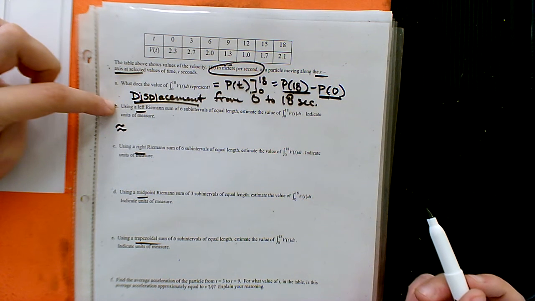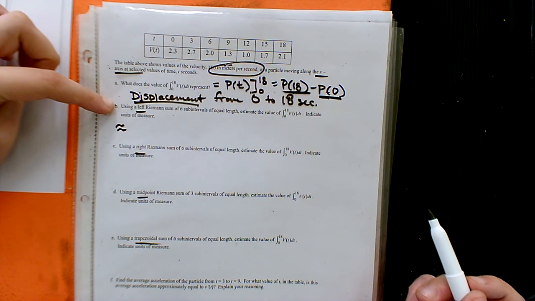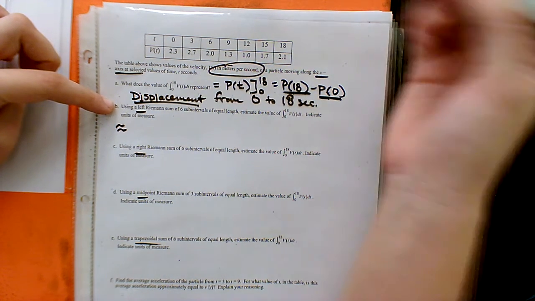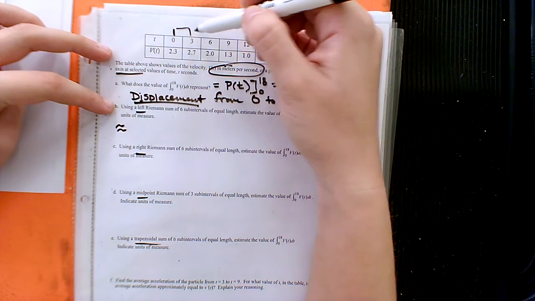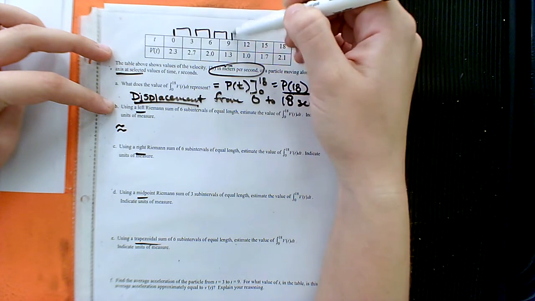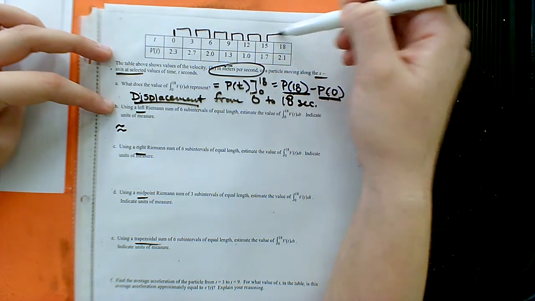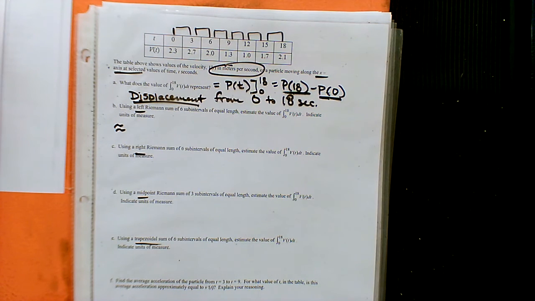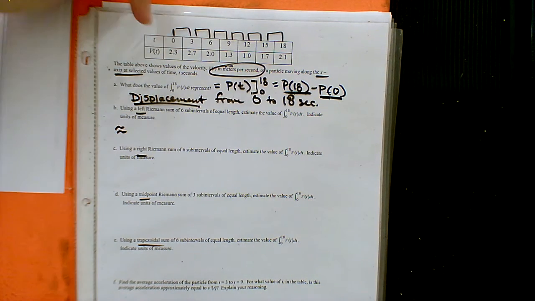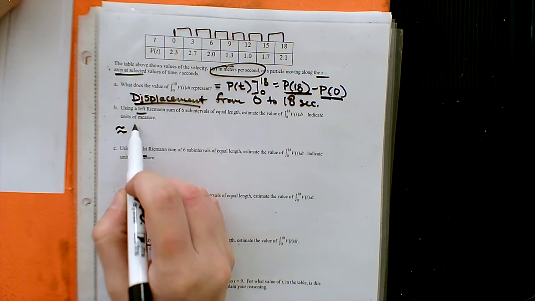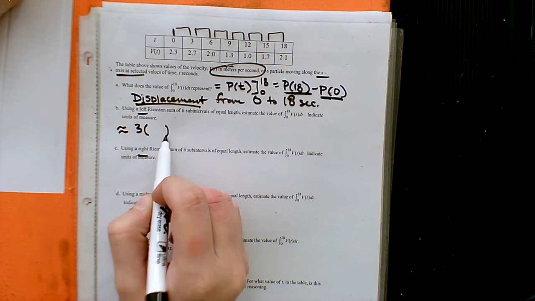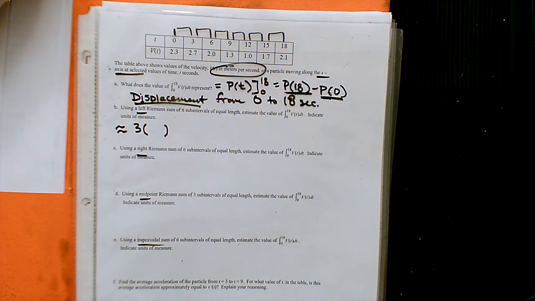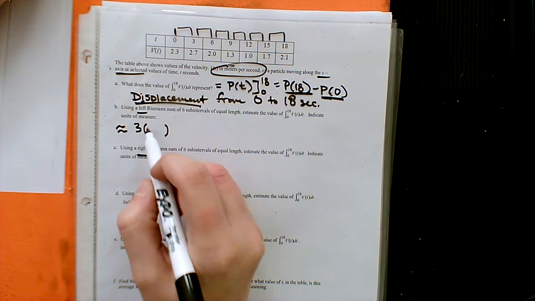For part B, we want a left Riemann sum of 6 subintervals. So maybe break up the table into 6 pieces. Let's see, we're going to do some rectangles here. From 0 to 3, that'd be a base of 3. What can we use as our height value? 2.3.